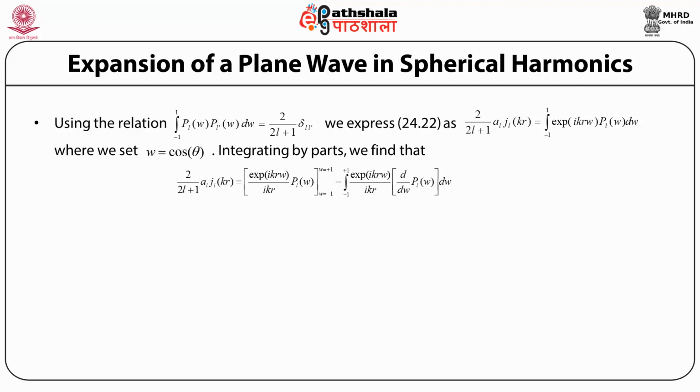Integrating by parts, we find that 2 over (2L+1) times A_L j_L(kr) equals exp(ikrw) over ikr times P_L(w) within the limits w equal to -1 to +1, minus the integral from -1 to +1 of exp(ikrw) over ikr times dP_L(w)/dw dw.